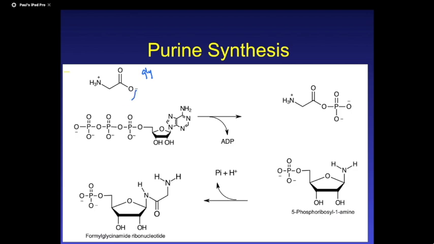The gamma, because I transfer only one, and ADP is a leaving group. And I have an activated glycine. All right, activated means around the ketone. In this particular case, I have a wonderful leaving group, a phosphate that leaves.